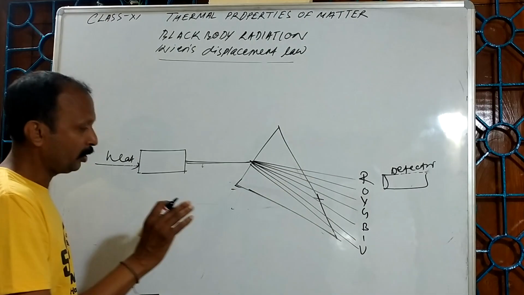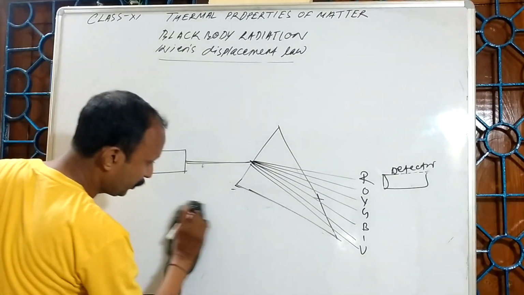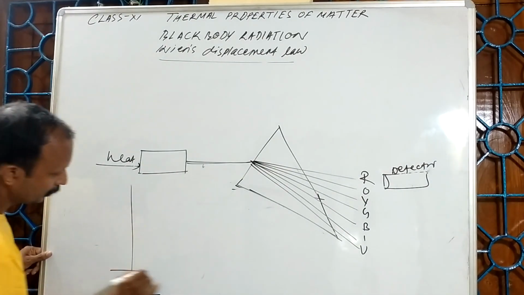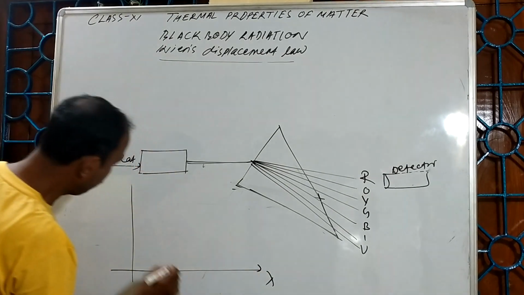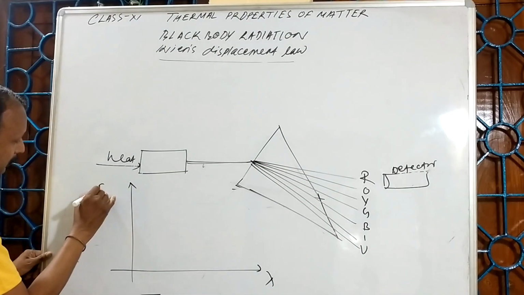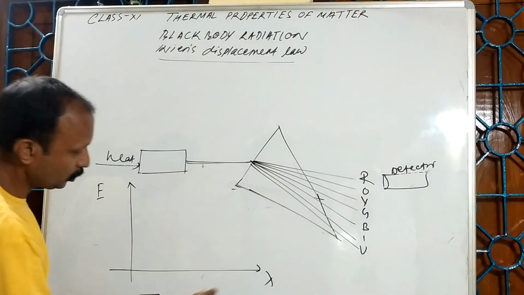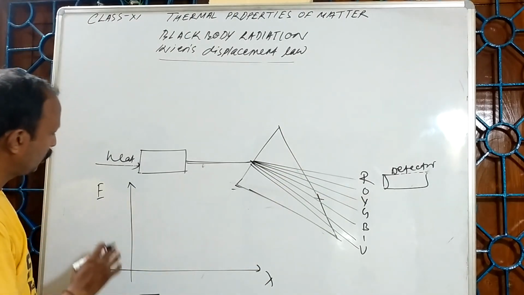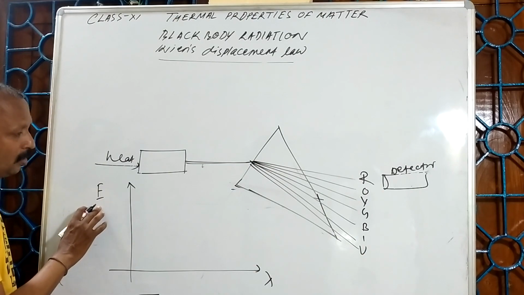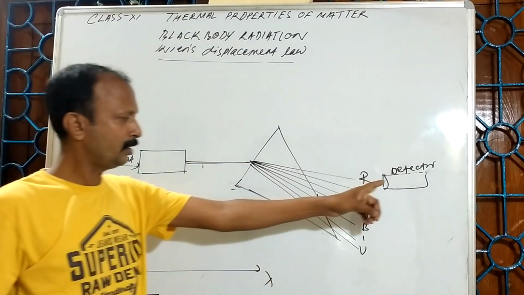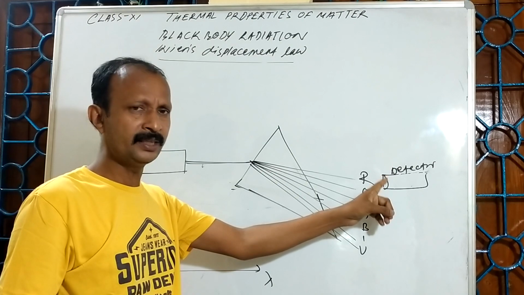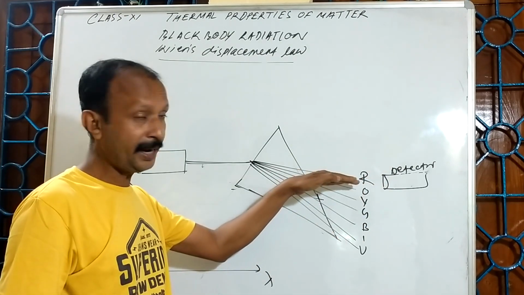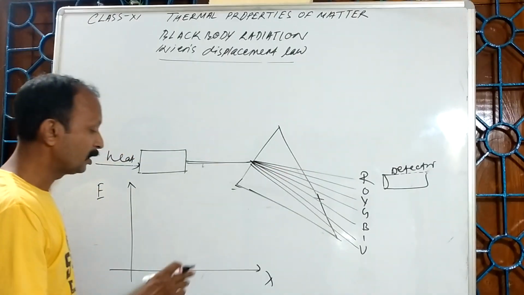So if I plot a graph between wavelength and energy, in the x-axis I have taken wavelength, whereas in the y-axis I have taken the energy. The detector will find the wavelength as well as the energy associated with the intensity of the light.